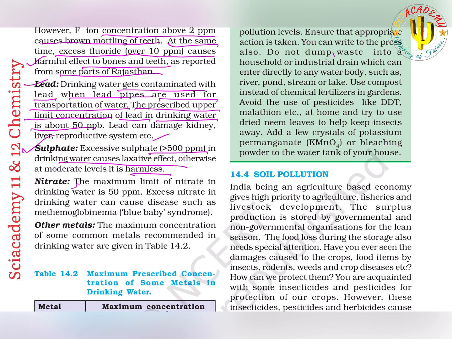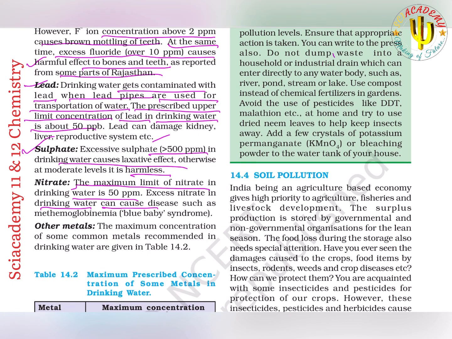Nitrate. The maximum limit of nitrate in drinking water is 50 ppm. The excess nitrate in drinking water can cause diseases such as methemoglobinemia. Other metals. The maximum concentration of some common metals recommended in drinking water are given in table 14.2.